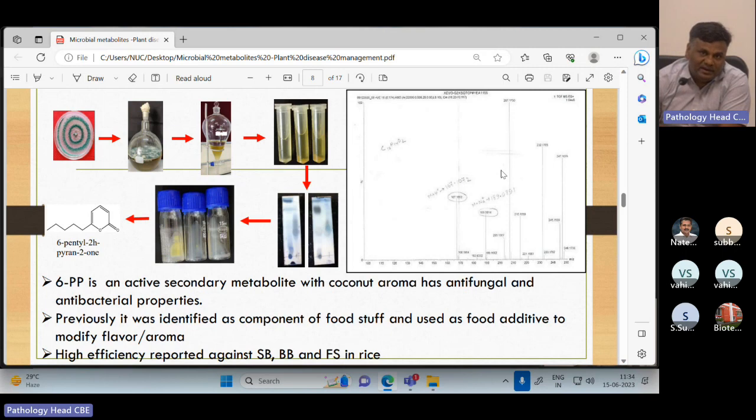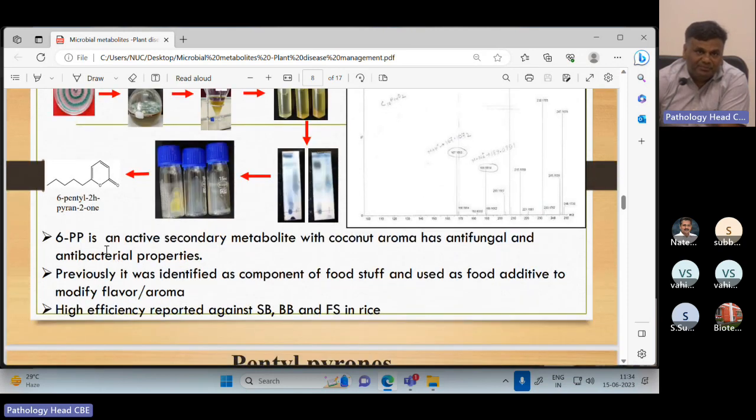This is the proton NMR which we did. We didn't do all this in our own lab; we have a collaboration with IIT Kanpur, where we could do most of the NMRs. This is a 500 MHz NMR, carbon NMR and proton NMR. So we found out the structure of this compound, and it is 6-pentyl-2H-pyrone.